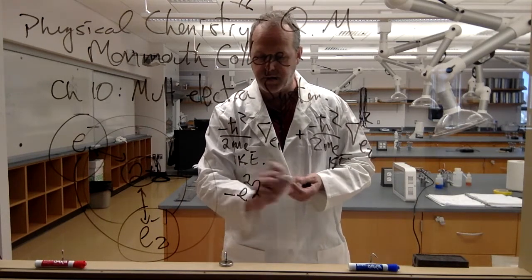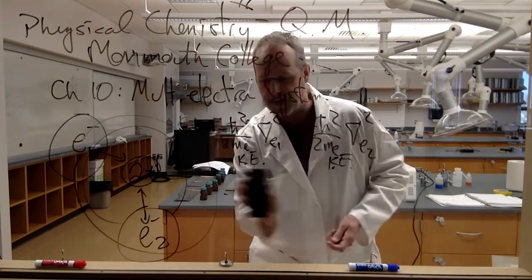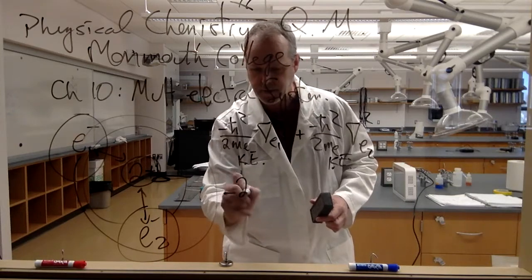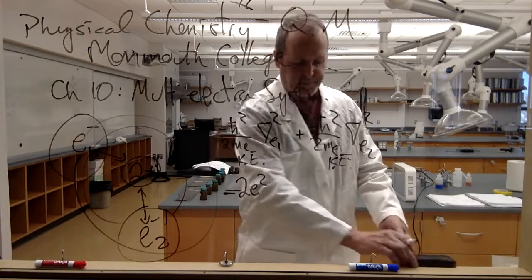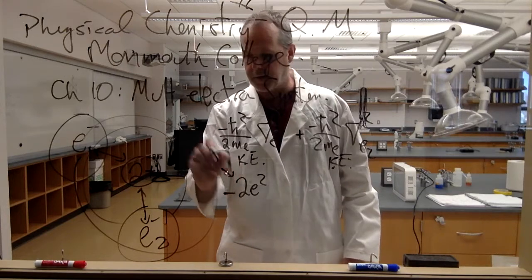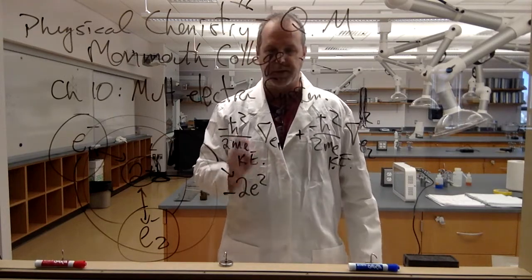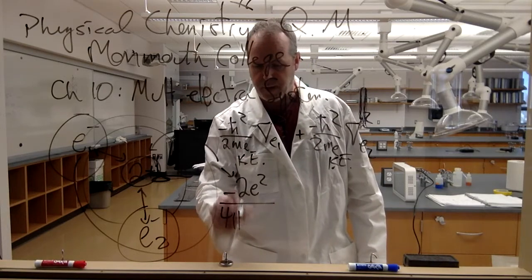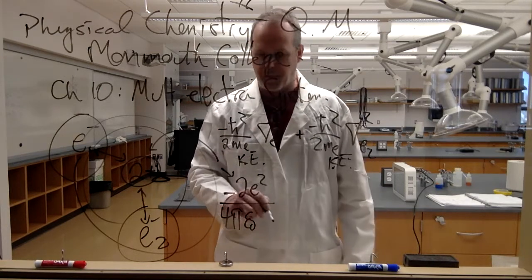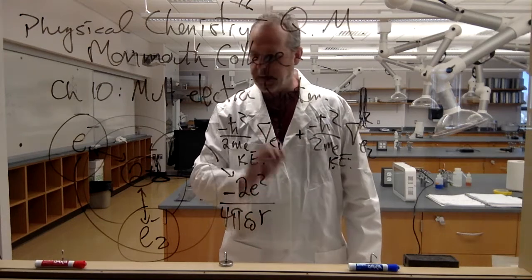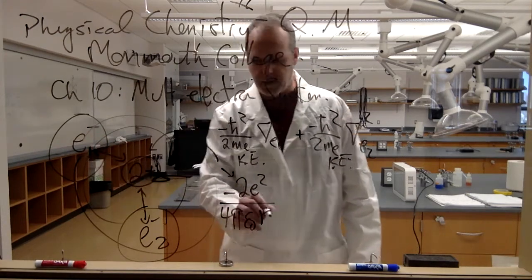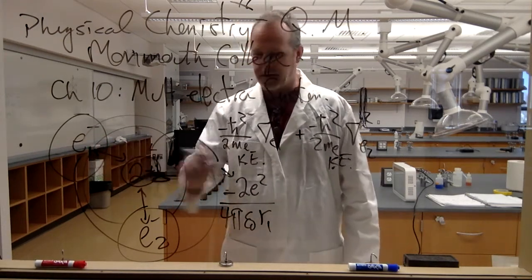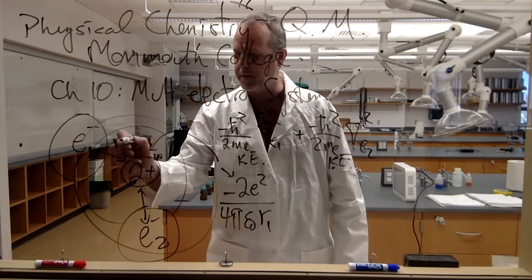So if I do 2e, let me just rewrite that for you here, minus 2e squared, right? Where that 2 essentially comes from the fact that this is a 2 plus charge in the center. Okay, it's also divided by 4 pi epsilon naught, permittivity of space. And now in this case, we're talking about r1 and the proton. So let's just call that r1 up here in our diagram.